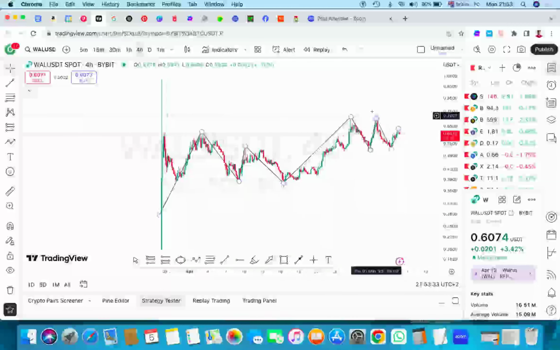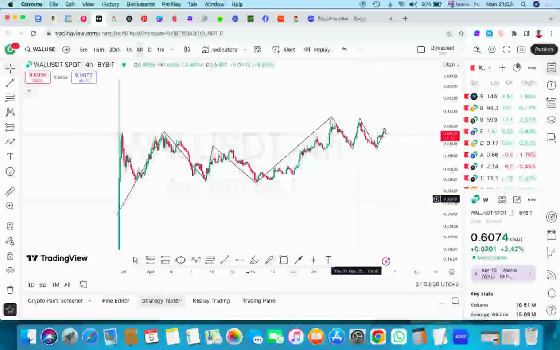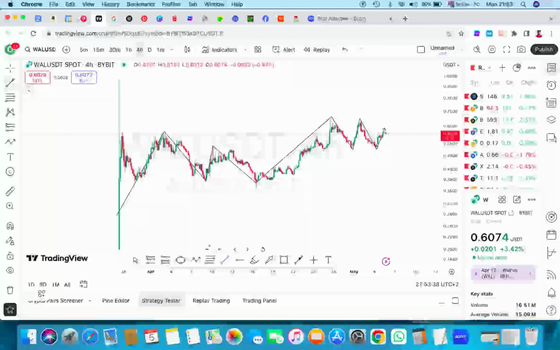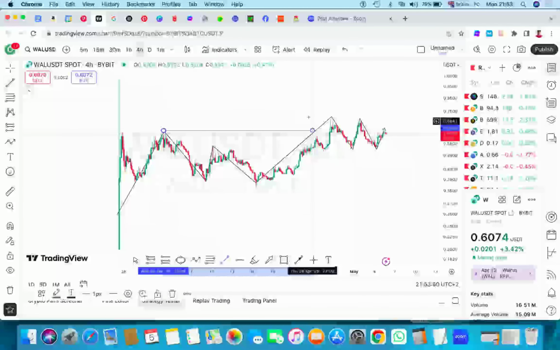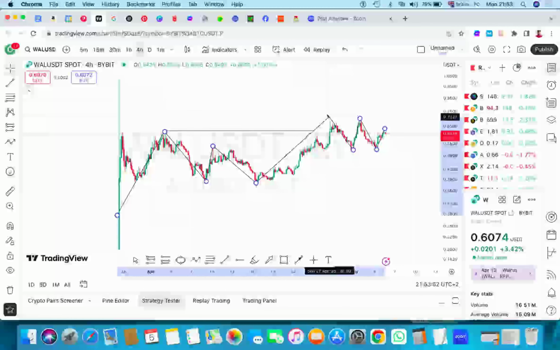So now, let me complete this. This is 4 hours. And what we can see here is that we draw our structure right here. We just use 4 hours to identify the trend.